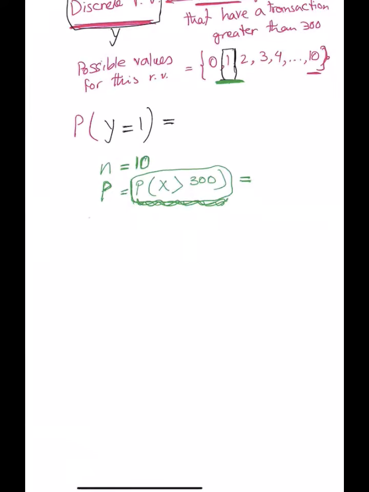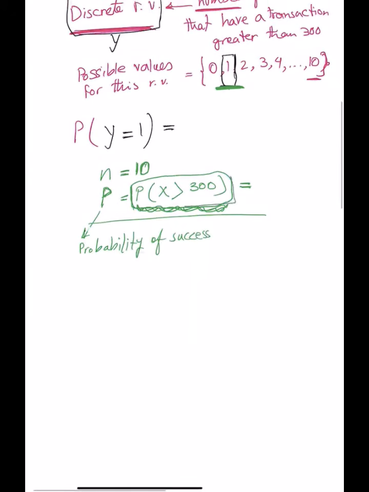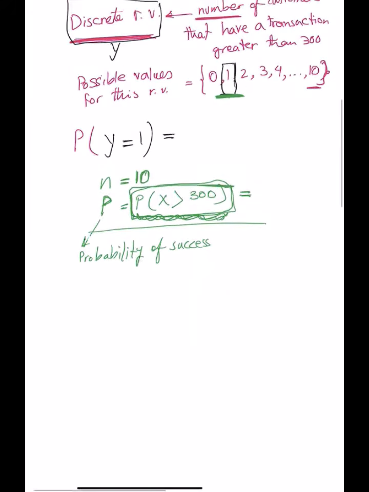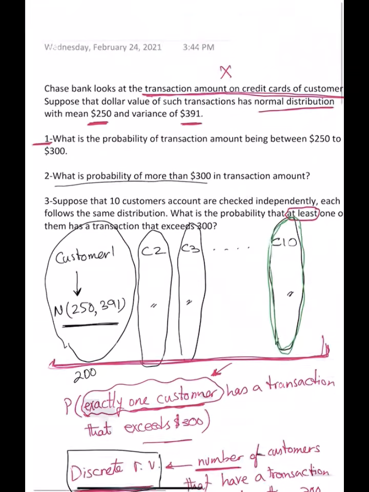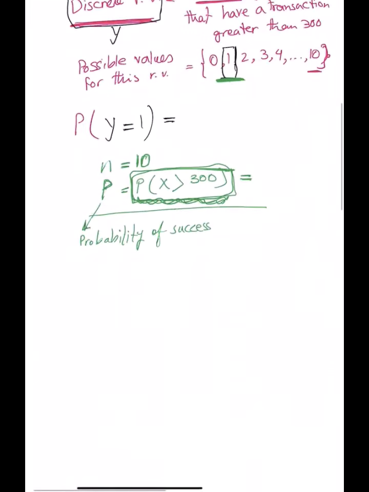Okay, so if I need to find the P, which is the probability of success in binomial distribution, then I have to find this probability, because this is what I define as success in this setup. Probability of x greater than 300, we just calculated that was, if I'm not wrong, 0.006.